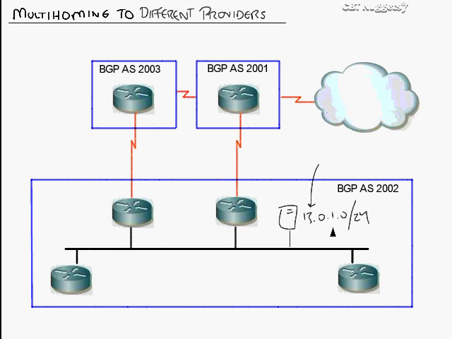Or it can be a provider independent address space, which means you went directly to IANA, the people that manage all the IP addresses on the internet, and you said, I need an IP address range for my organization. Now, unless you are a very, very large organization, most of the time that won't happen.